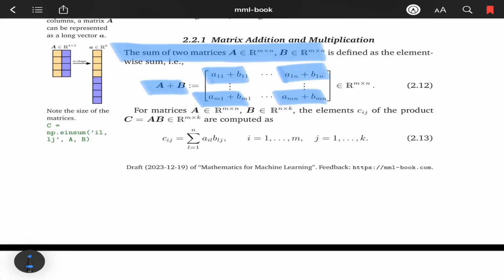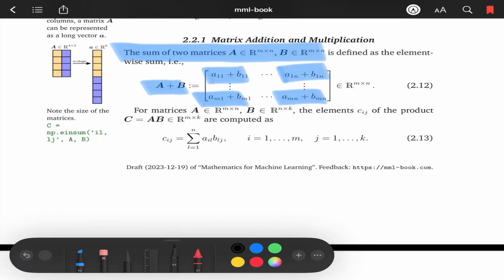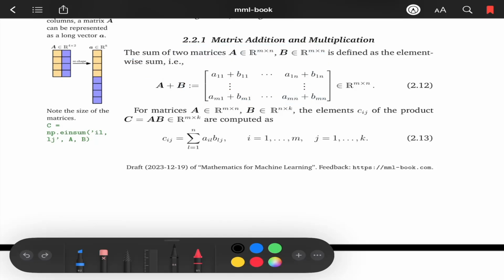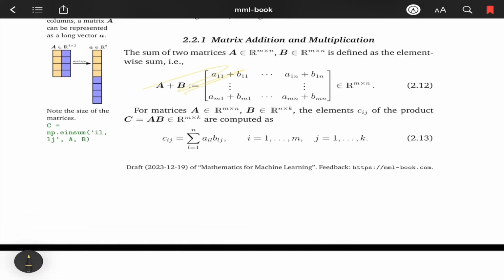Like you put the second matrix on top of the first one, and then you punch the holes. That's how I would think of matrix addition. I think this is something I can write down in the notes.